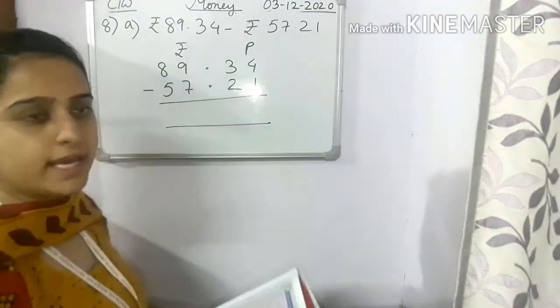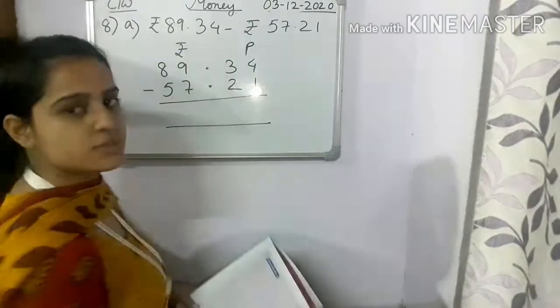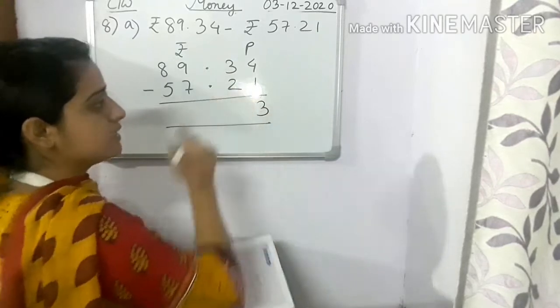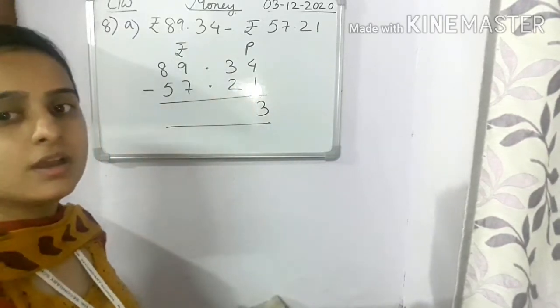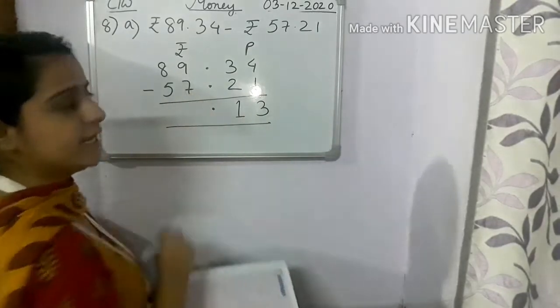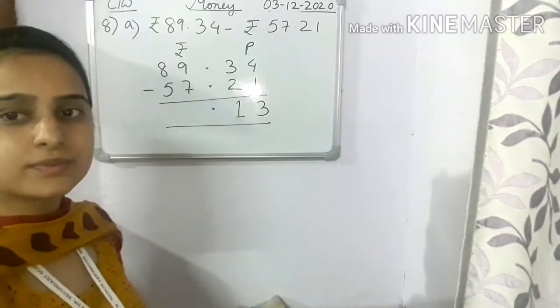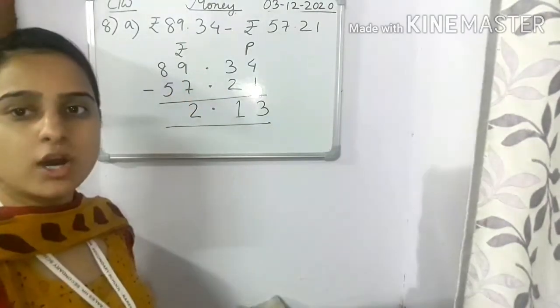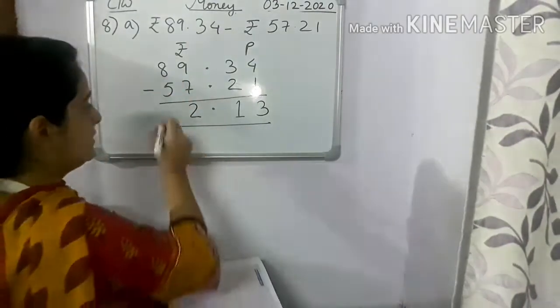Now let's subtract. 4 minus 1 is 3. 3 minus 2 is 1. Then dot. 9 minus 7 is 2. 8 minus 5 is 3. Very good.